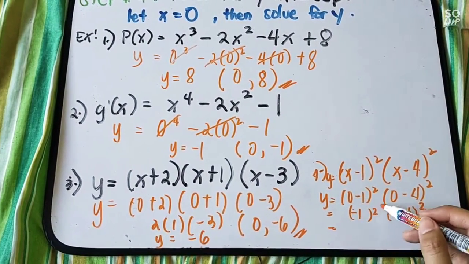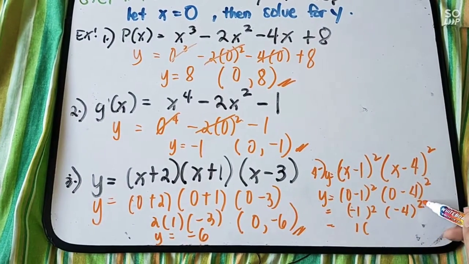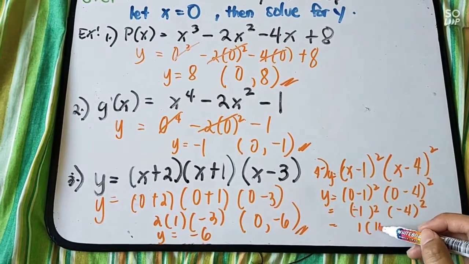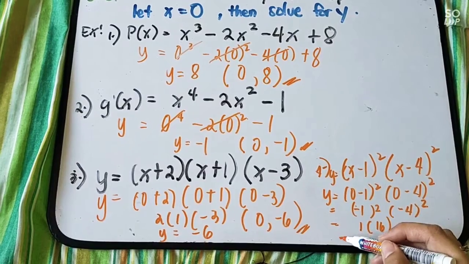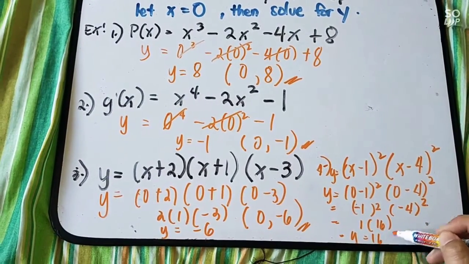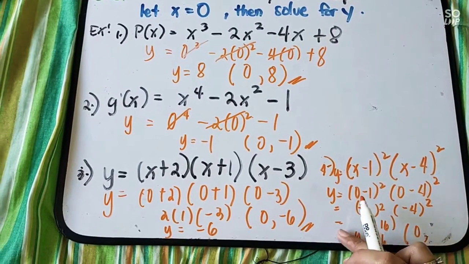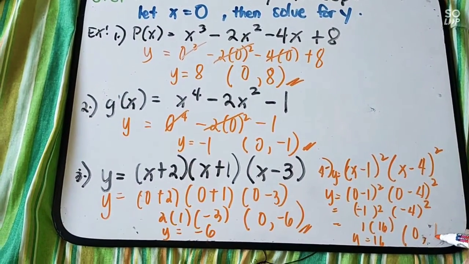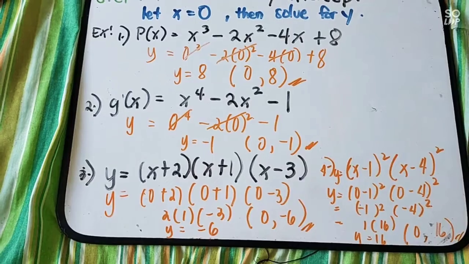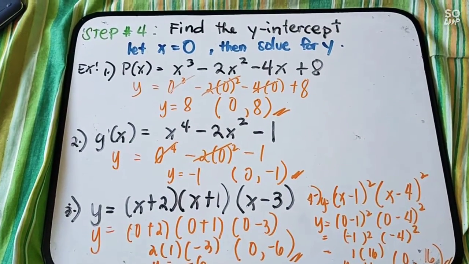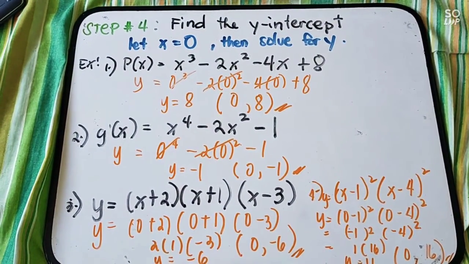Negative 1 squared is positive 1, and negative 4 squared is positive 16. So, y here is 16. Our y-intercept is 0 and 16. Is it clear? So that is how you find the y-intercept.